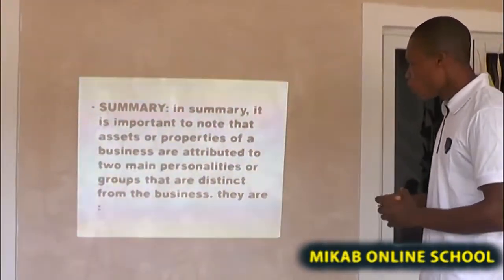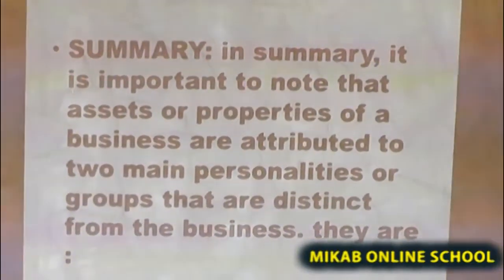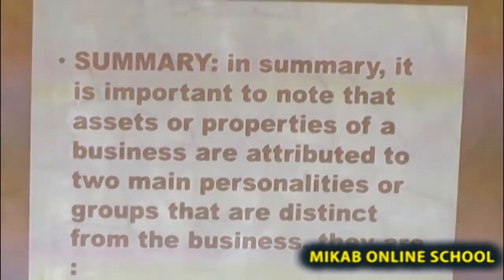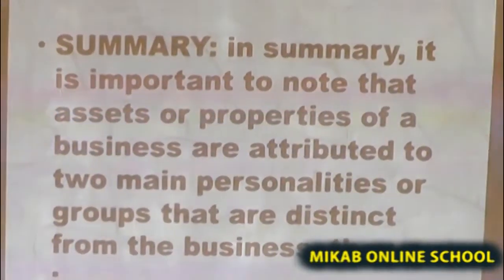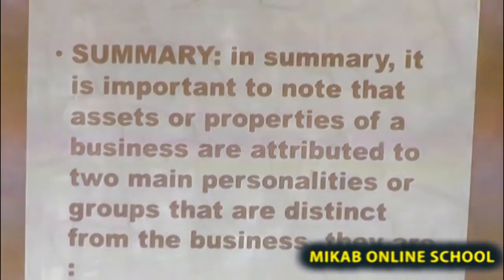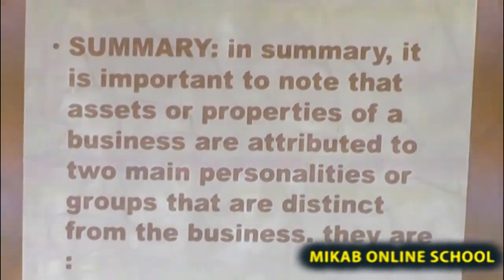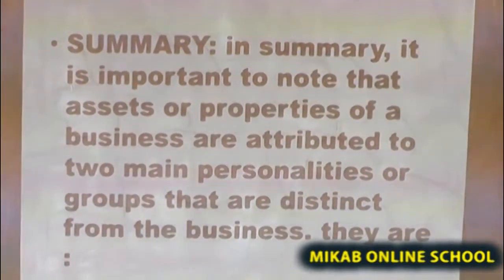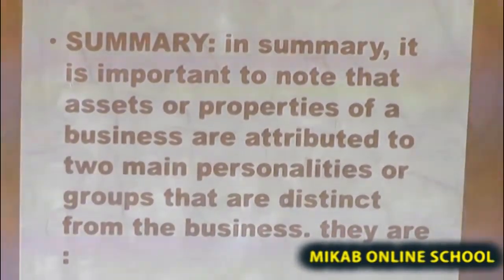Summarily, we need to understand what really makes up the assets or property of a business. We are going to be attributing them to two main personalities. Meaning that assets, as we have been explaining, are not just for the business alone.